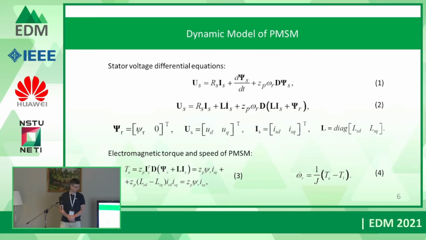The electromagnetic torque equation is represented in equation 3, and it should be taken into account that during the research a non-salient PMSM was described, so the equation can be rewritten as a very simple equation with the multiplication of the number of pole pairs, rotor flux density, and stator current in the q-axis. The first derivative of speed can be written as presented in equation 4.